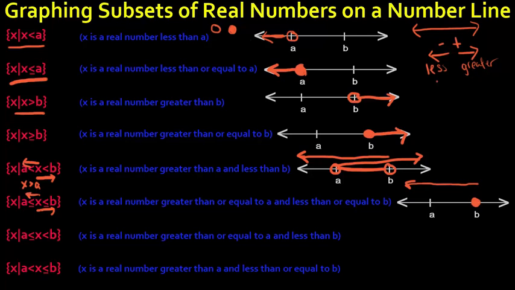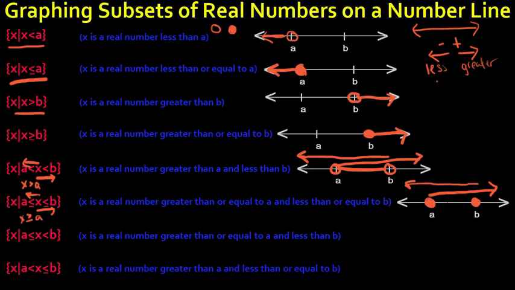So instead of saying a is less than or equal to x, that is really saying x is greater than or equal to a. So we'll find a, and it's saying greater than or equal to. So we'll fill in the circle. So greater than or equal to would be all numbers from a to the right of a for infinity.